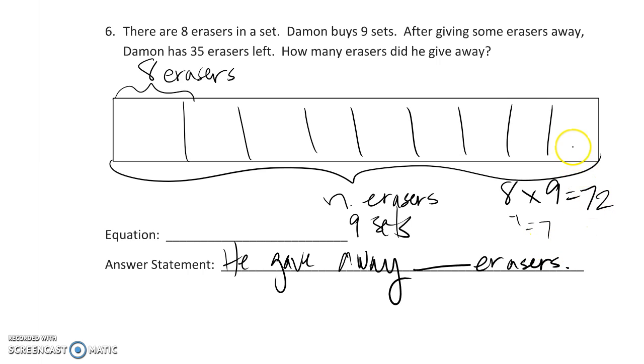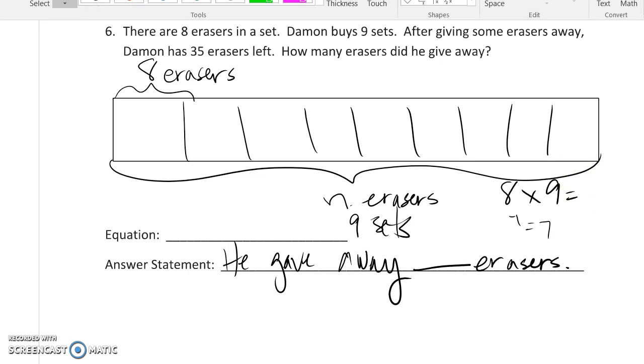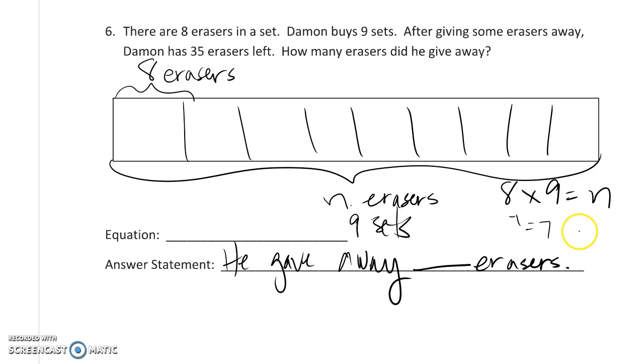Okay, so I would change my number sentence over here just so I can use my unknowns. 8 times 9 is n, so 72 equals n. It's different from this 7.